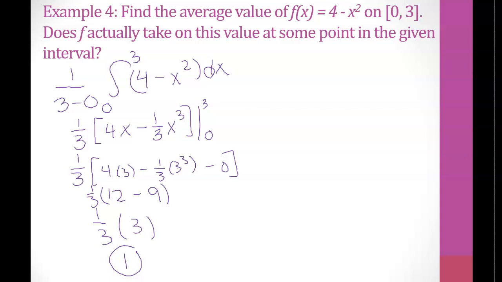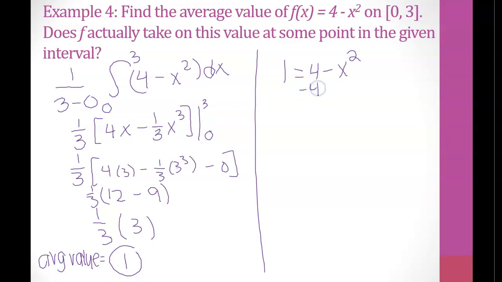Set the original function equal to 1 to find the point at which the average value equals the original. So this represents my average value. And it says, does f actually take on this value? If so, where? So 1 equals 4 minus x squared.